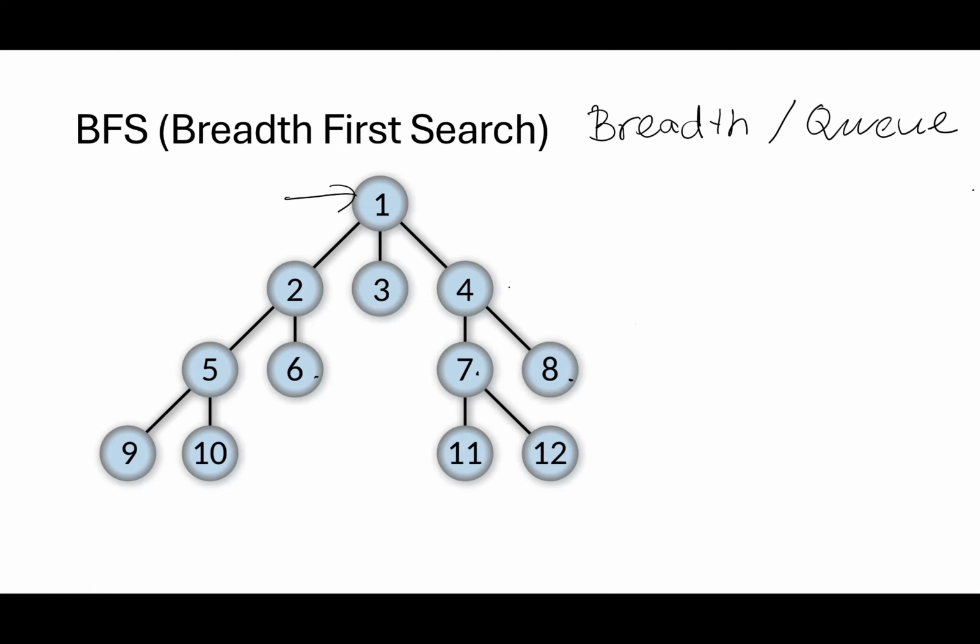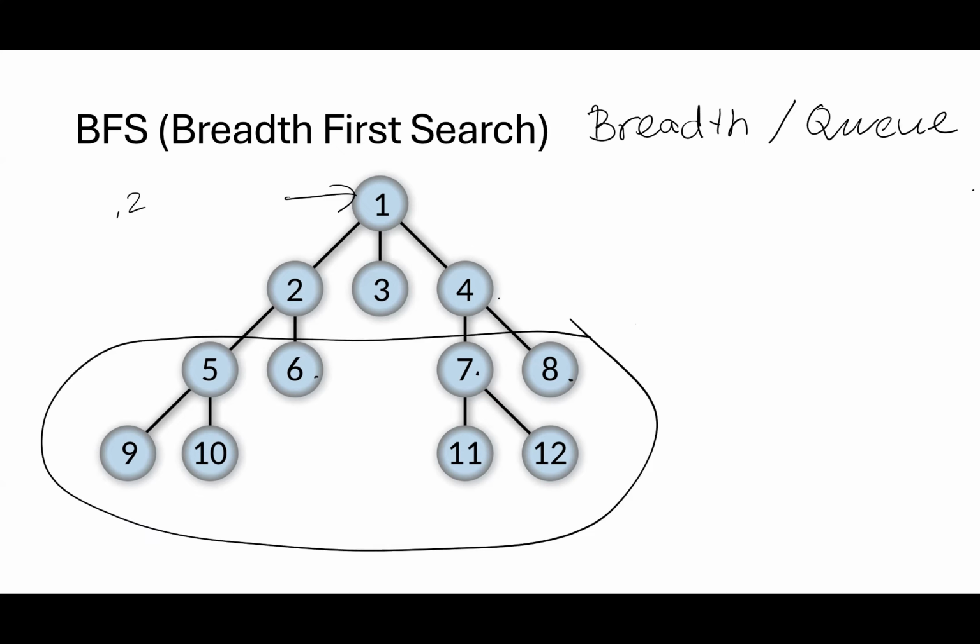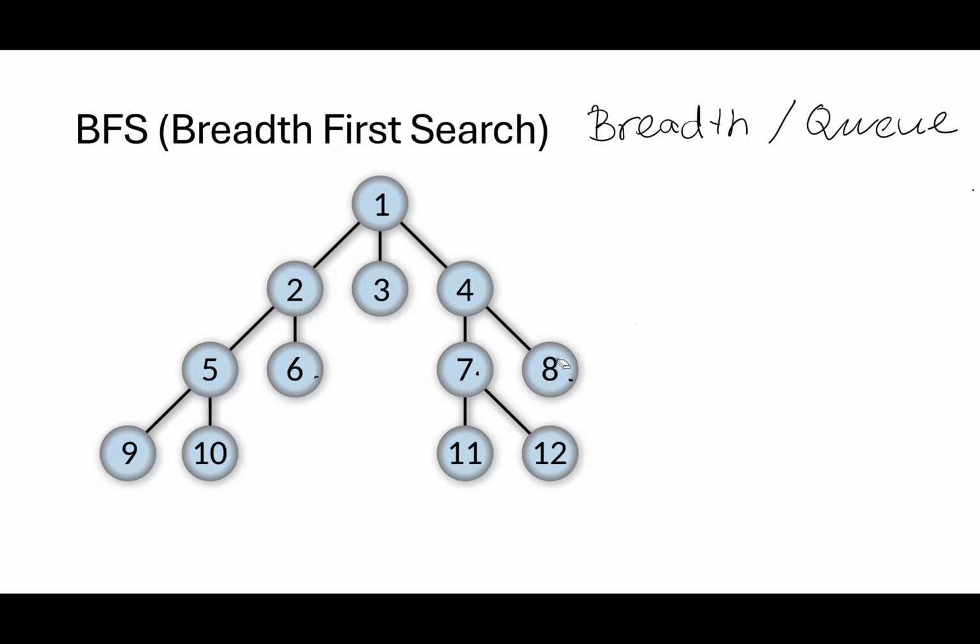So we can just put 2, 3, and 4 in the queue. Since 2, 3, and 4 are going into the queue, they will also be going out of the queue earlier than others, right? So that way we make sure that 2, 3, 4 are visited before these nodes are visited, right? Okay, so let's take a further look.